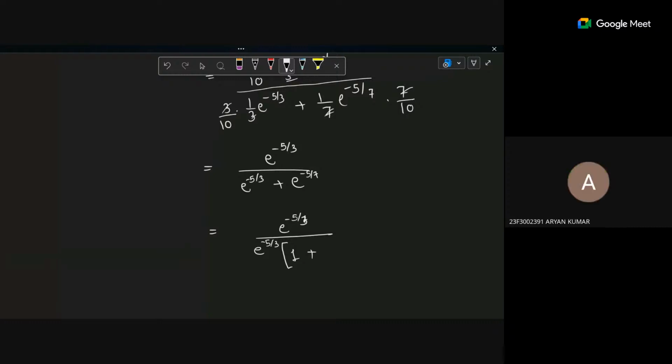It's 20 by 21. E to the power 20 by 21. Okay, how did you get to know? It's general mathematics.